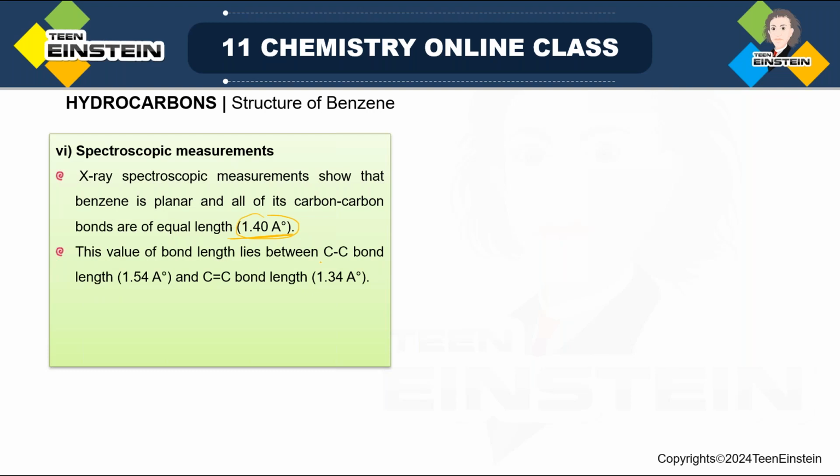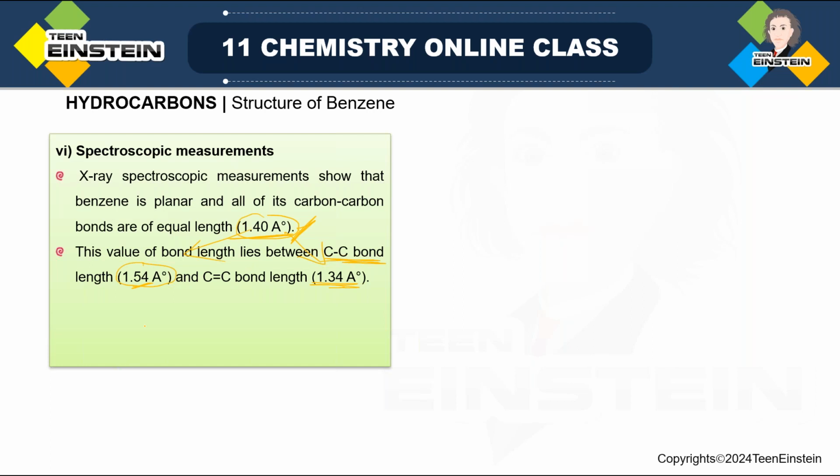This bond length lies between the C-C single bond, whose average bond length is 1.54 angstrom, which is high, and the pure C=C double bond, which is 1.34. So this value is something in between. It is not as high as a C-C single bond and not as low as 1.34.